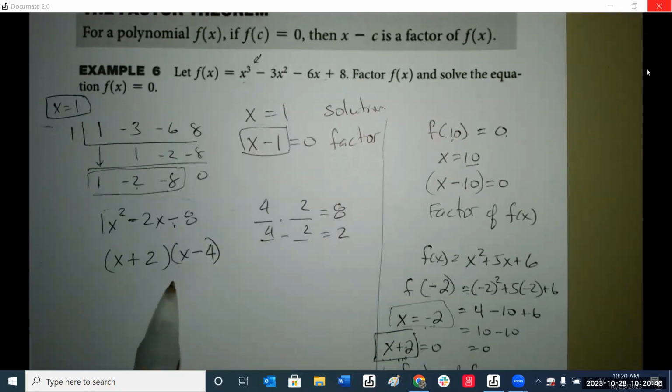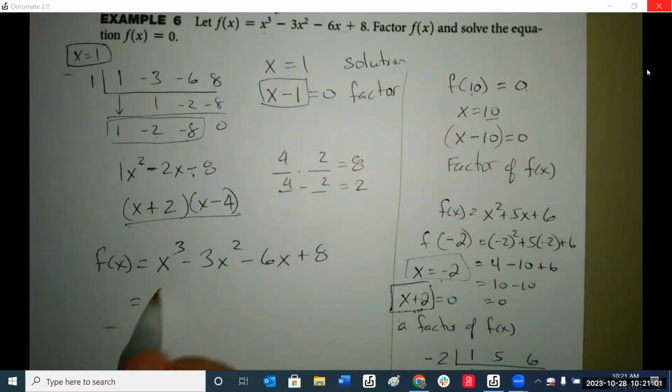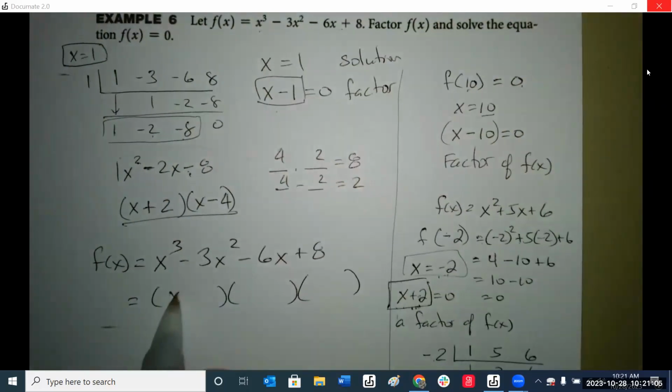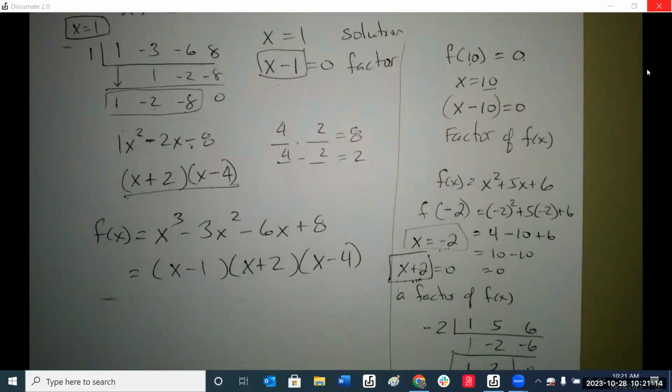Since these are the factors, we know the factors of f of x, all 3 of them, are x minus 1, x plus 2, and x minus 4.